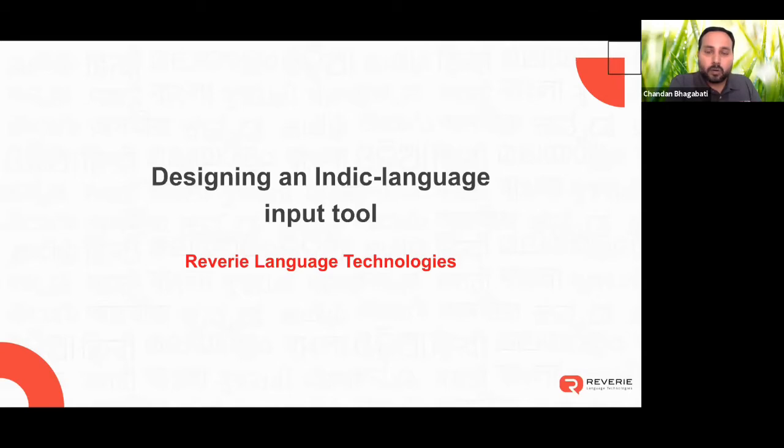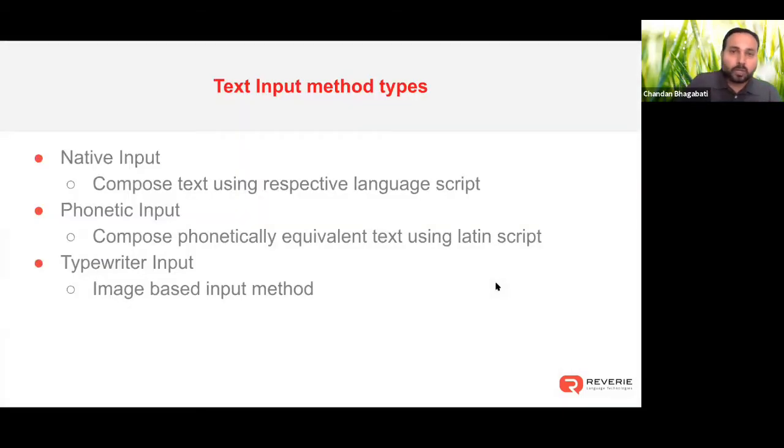So before sharing how we have done this in our keypad, we'll start from the different typing systems and input systems that are available. Essentially, if you need to classify different input methods, apart from writing on pen and paper, for any digital platform or other machines, there are only three types of input: native input, phonetic input, and typewriter input.